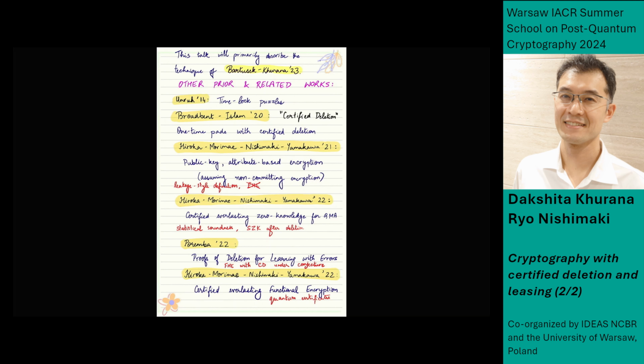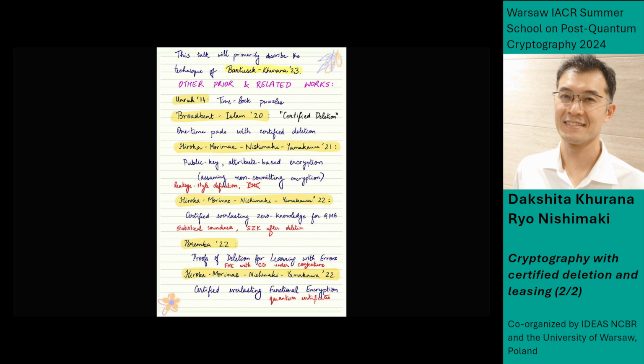In another work of mine, we consider certified everlasting security for zero knowledge. And Poremba also considers public key encryption with certified deletion.